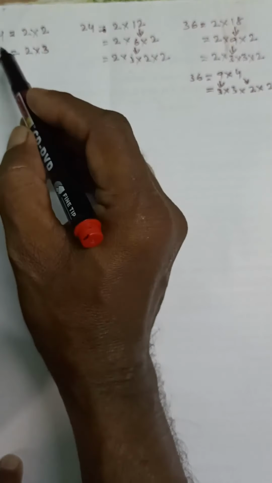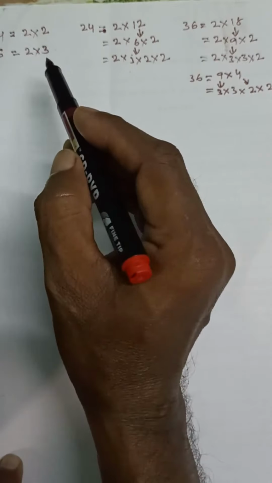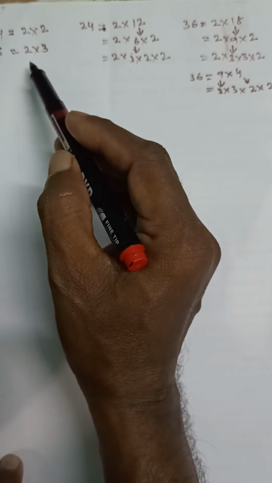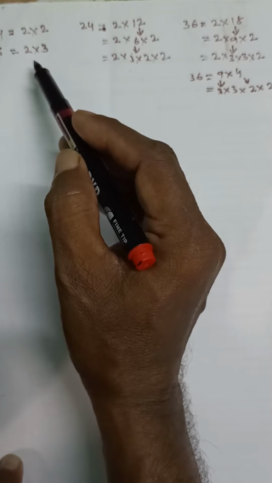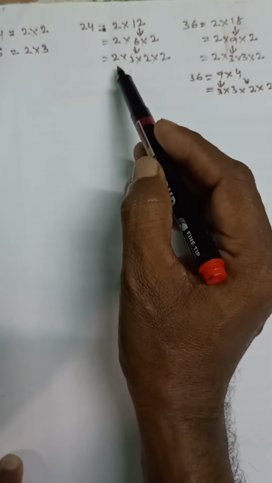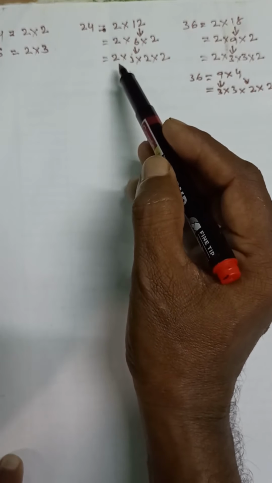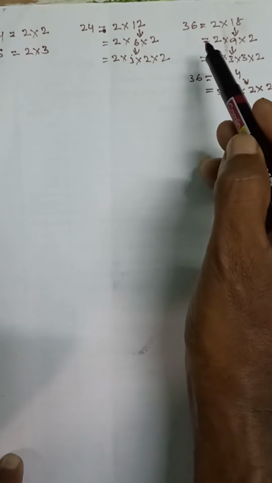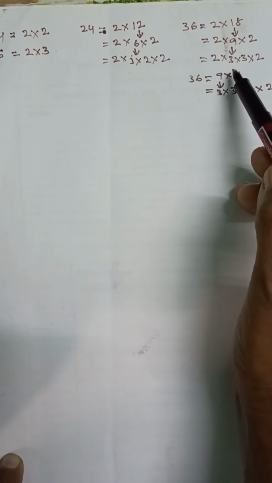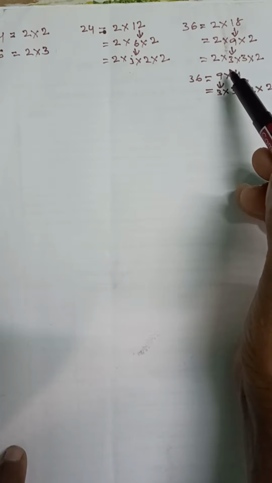Every composite number can be expressed as a product of primes. 4 is a composite number, 24 is a composite number, and 36 is a composite number, and we can express each as a product of primes.